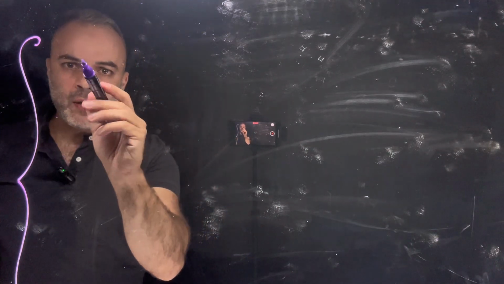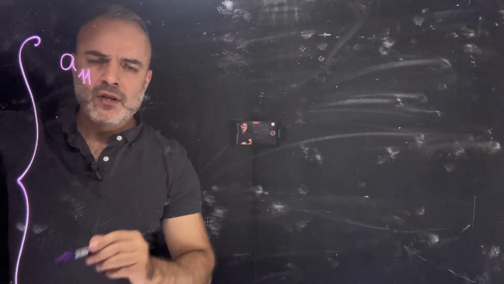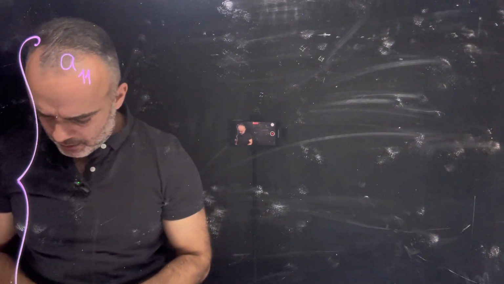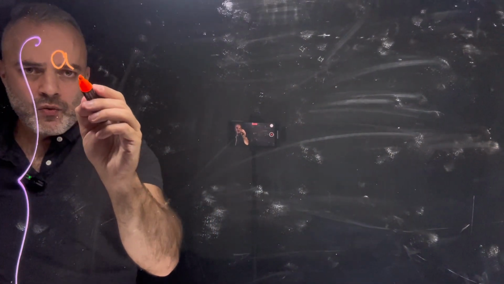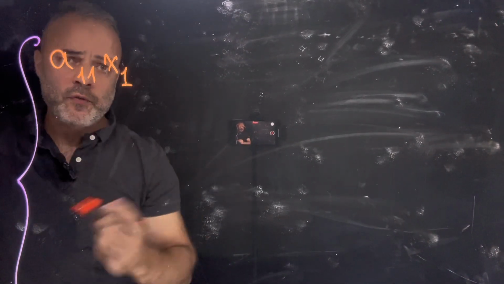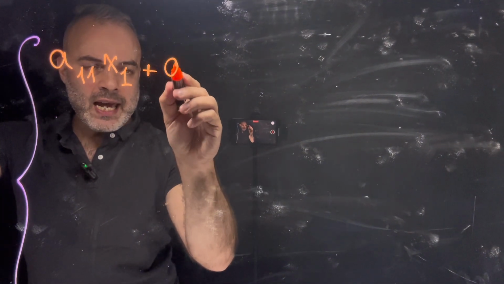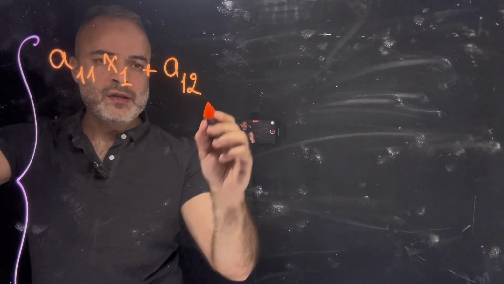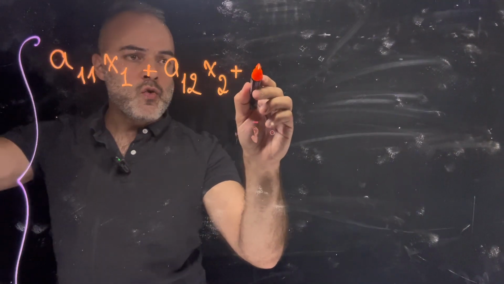The first equation, I'm going to write it as a11. This is the first coefficient. Let me change the color. So a11 times x1. What is x1? Of course, it's our first variable, right? Plus a12, that's the second coefficient, times x2 plus a13.